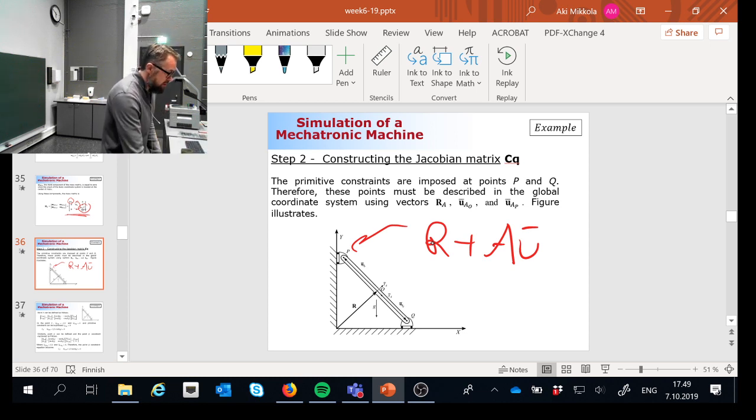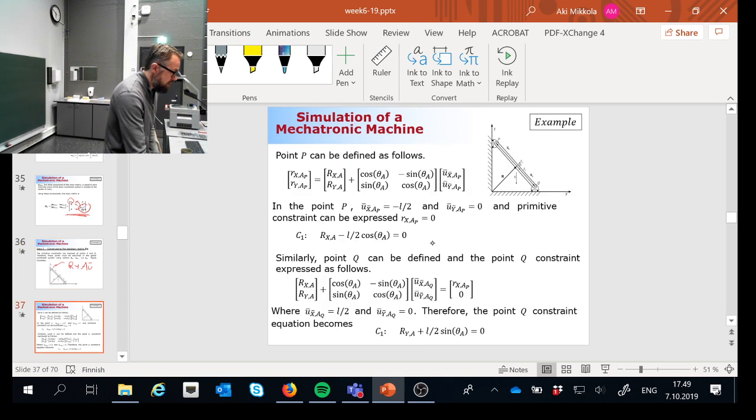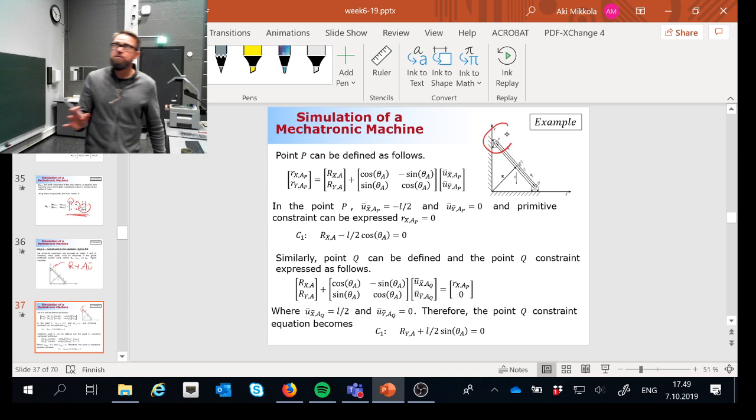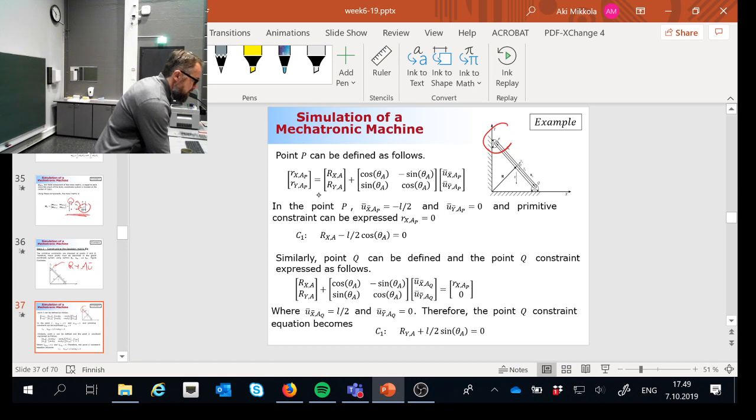Okay, let's first start with the constraints. The P point, which is this one here. I need to apologize that the font is way too small. Even I have a hard time seeing that the P is located up there. But P you can express by using just that kinematics that I'm very much familiar with. So first, translation of the body reference coordinate system.